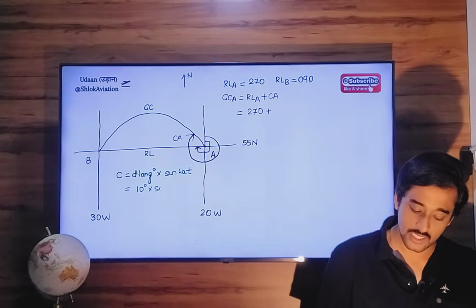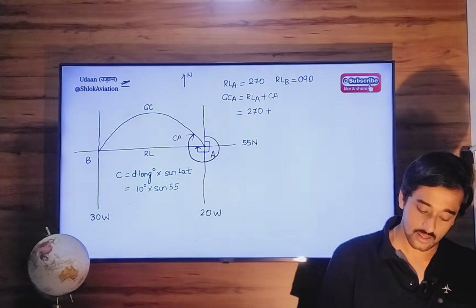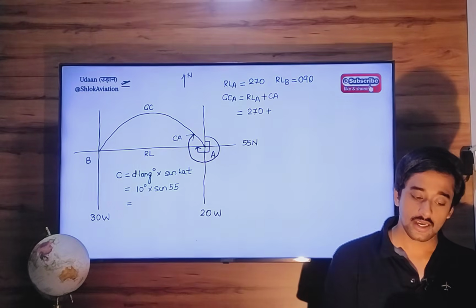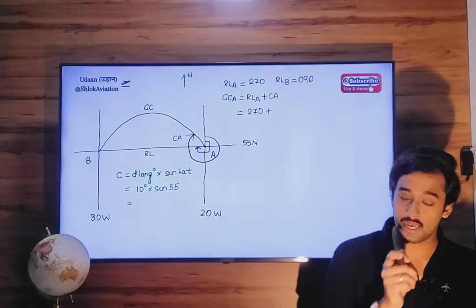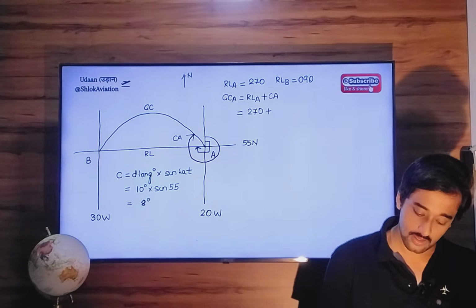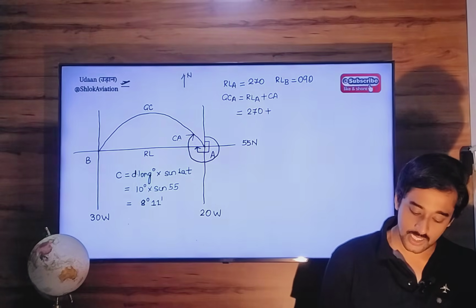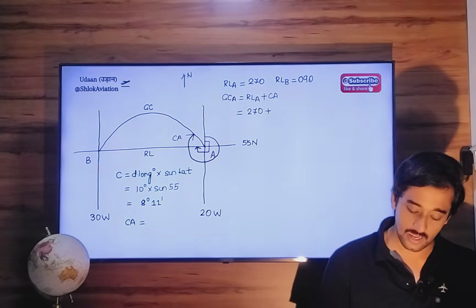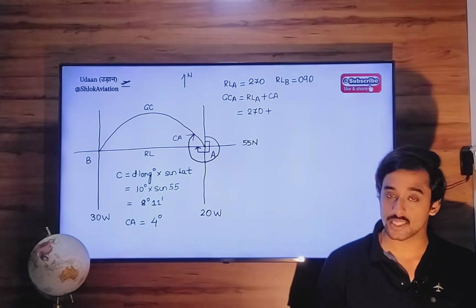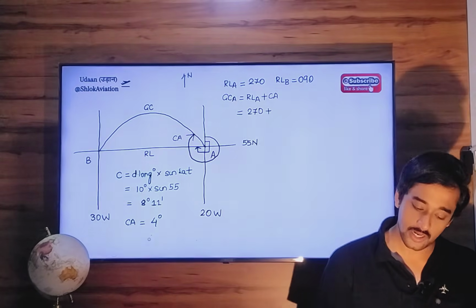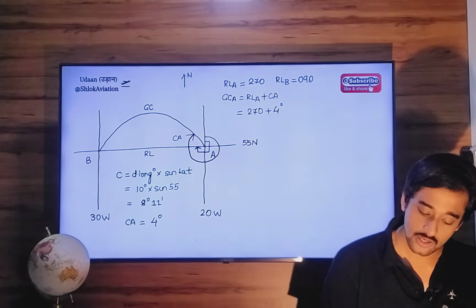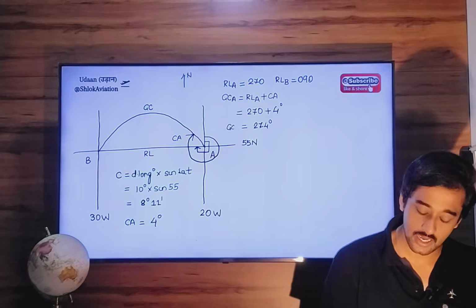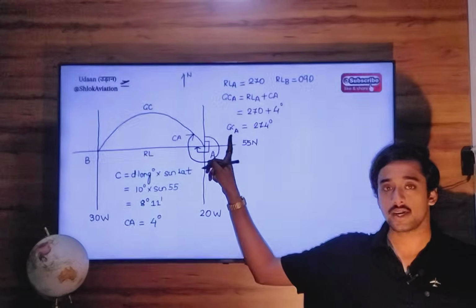What is the latitude? Sine 55. So sine 55 into 10 is 8 degree 11 minutes. Convergency angle will be half of that, 4 degree 5 minutes or approximately 4 degrees. So great circle will be 270 plus 4 degree, 274 degree. So great circle at A is 274 degrees.